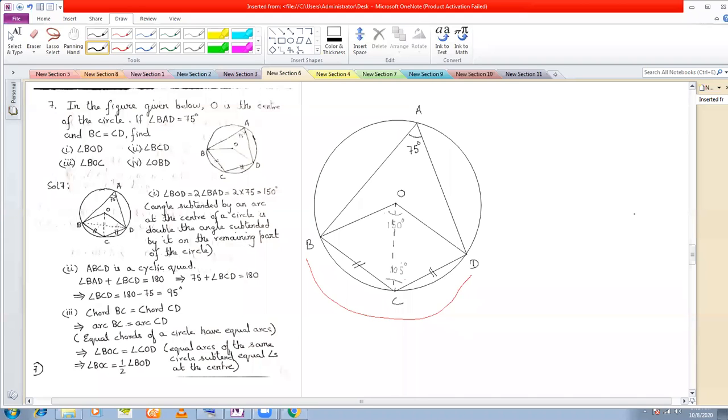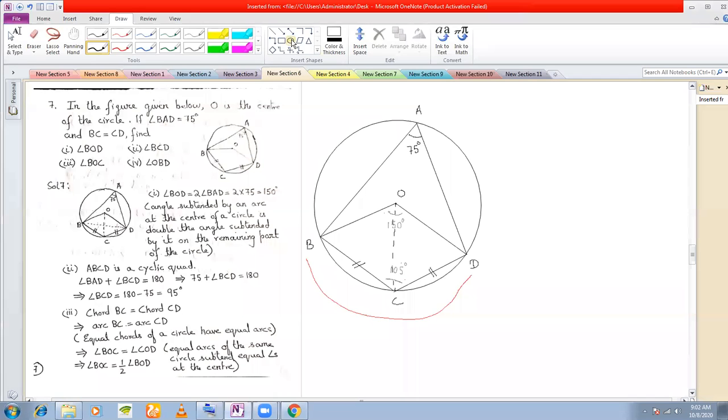Now, if you see, the chords BC and CD are equal. If you remember, I had done a theorem in class 9 that equal arcs subtend equal angles at the center.